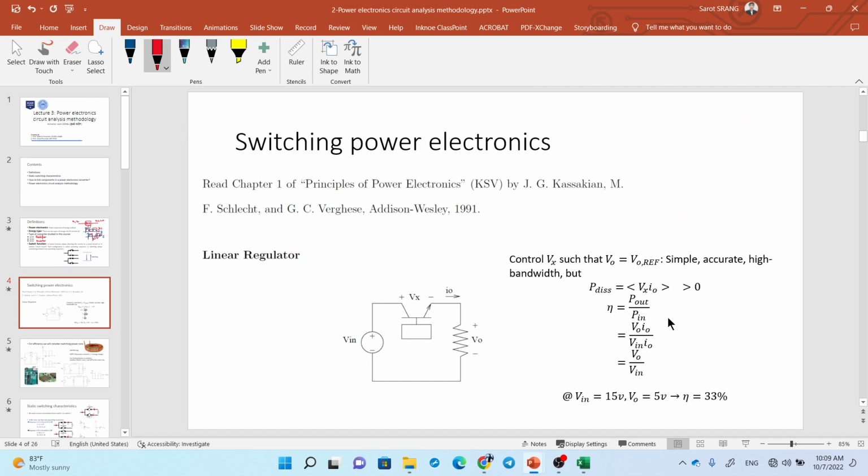And here you will see why we need switching power electronics. Can we have a different way of converting or transferring power from input to output? First, look at a linear regulator, which is actually very useful for small electronics.